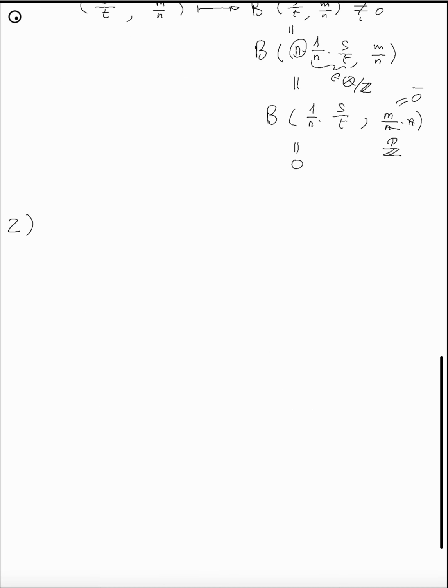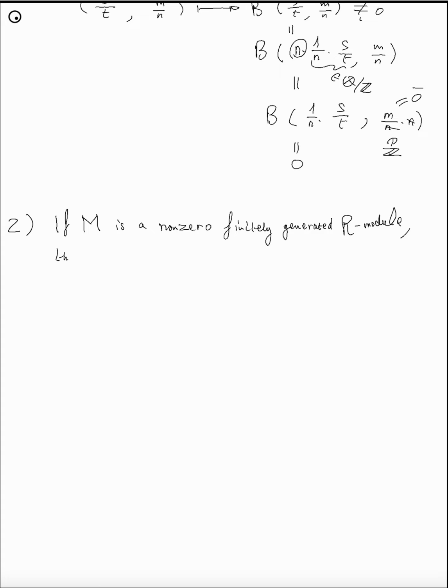So our statement is, if M is a non-zero finitely generated R module, then M tensor K is not 0 for all K.